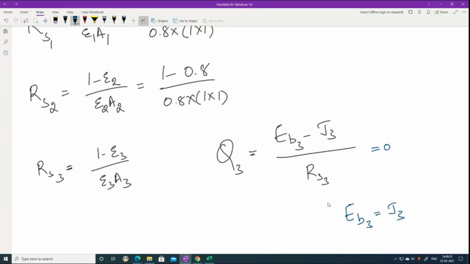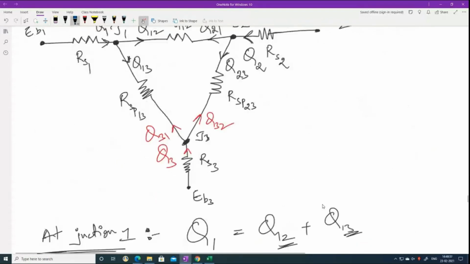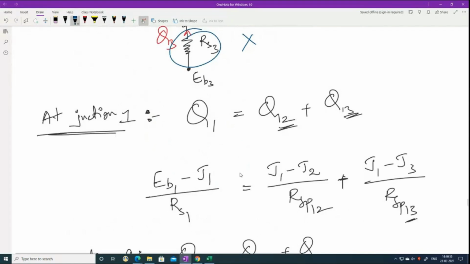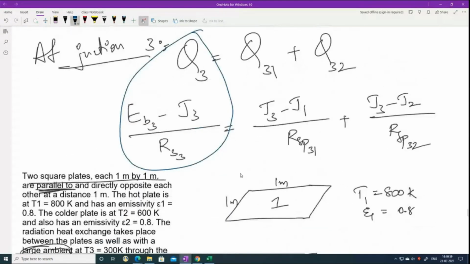If EB3 is equal to J3, this whole thing will not be there. The resistance concept itself will not be there. You got the point? So the effect of R3 can be neglected. Because you have taken air, the atmospheric air, this effect will completely get neglected. So this can be taken out. So R3 is not at all there in your circuit.